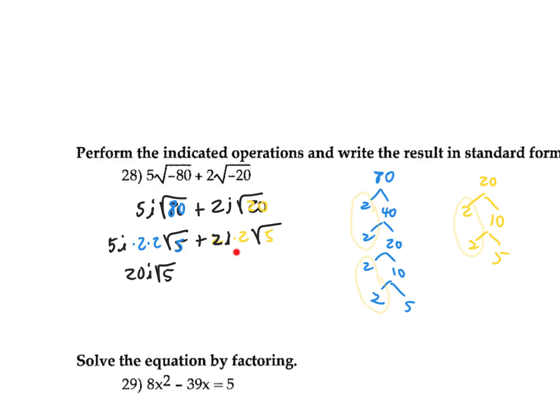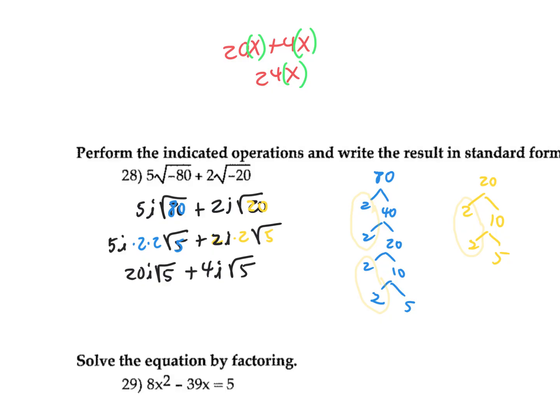Over here, we have this 2 times this 2. That is most definitely a 4. So we have a 4i times a radical 5. Now, here is something interesting. Let's remember that if we had 20x plus 4x, well, that would just become 24x. I mean, we all know that, right? So in other words, if you have 20 times some number here, plus 4 times the same number, well, it would be 24 times that number, okay?